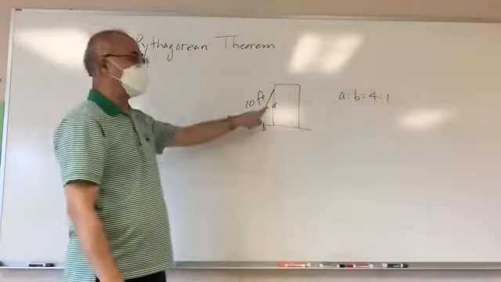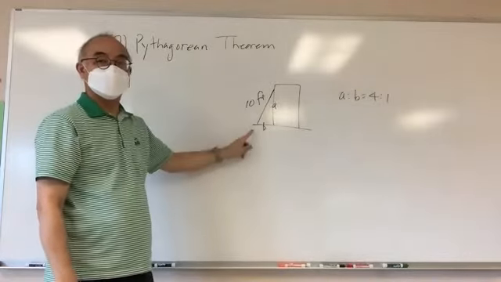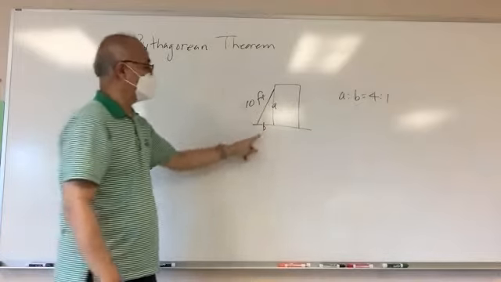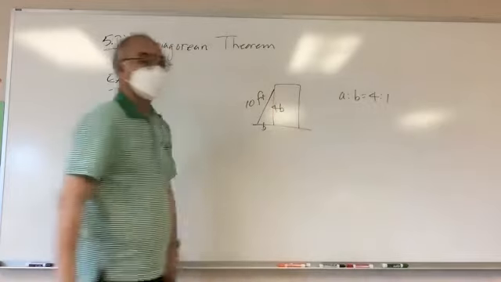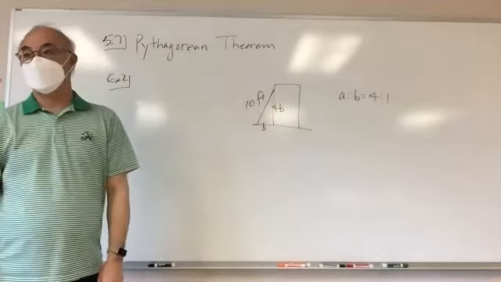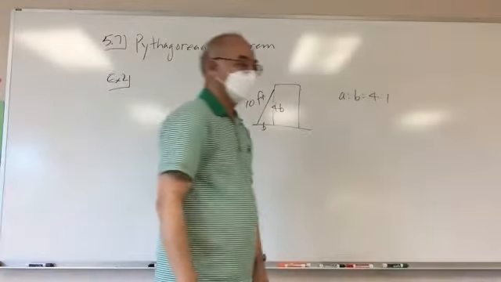This would be 4 B's, right? Because it has to be 1 to 4, right? The ratio has to be 1 to 4. So if this was B, I can call this 4B. Now all you do is solve for B, right? Using the Pythagorean theorem, right? Okay.